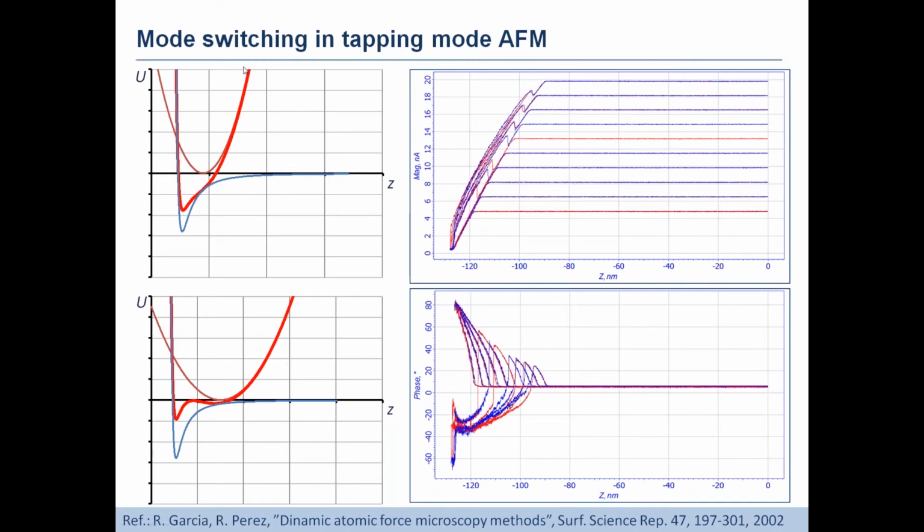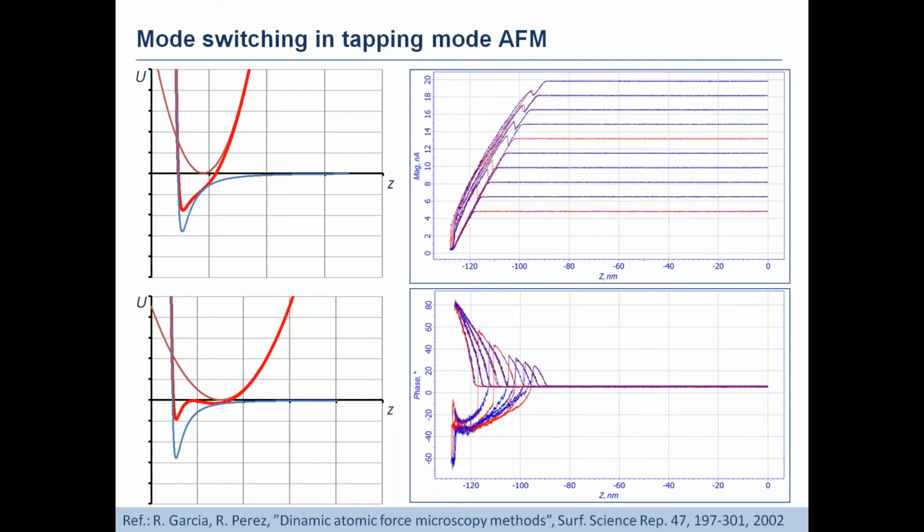And depending on the set point and amplitude of the free cantilever oscillations, the resulting curve of this system might have different shapes. And it is possible to have a situation where this potential energy curve actually has two minima, and so a stable interaction between sample and cantilever is possible within both attractive and repulsive regimes.